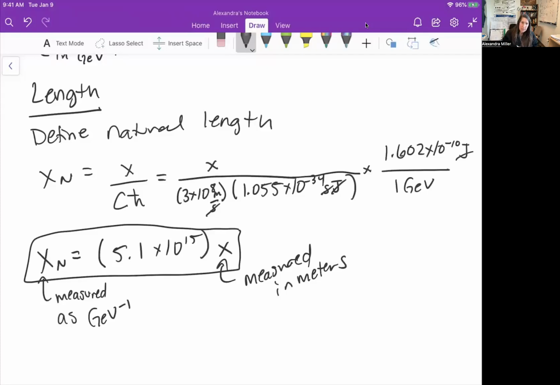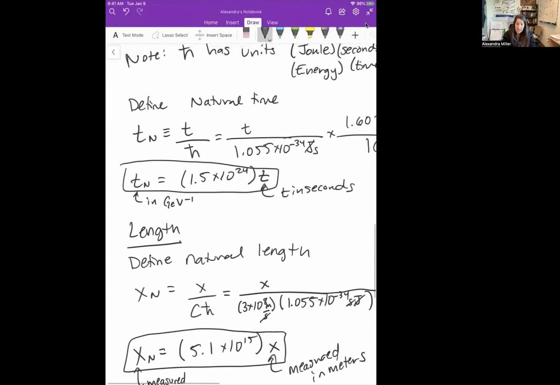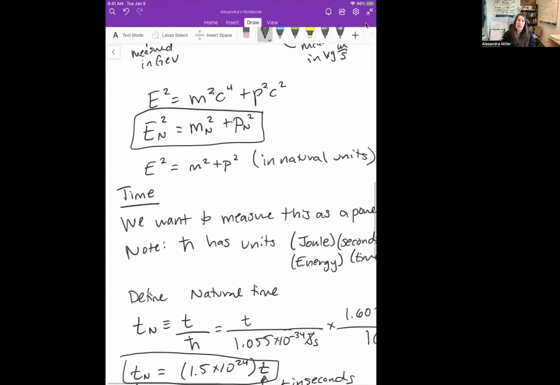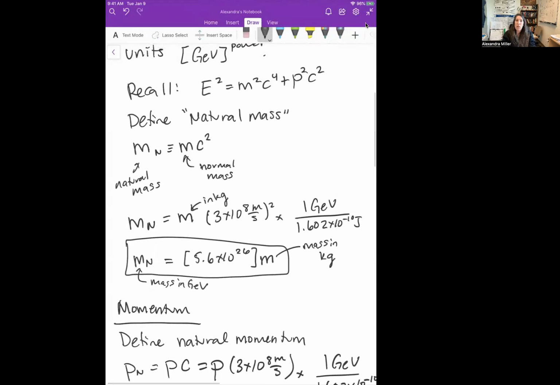Okay, so to summarize, this is a nice way of thinking about natural units. It's mathematically equivalent to any other way you might think about natural units. At the end of the day, we have these different boxed equations, which are relating time and position and momentum and mass. We're relating how one would measure them in SI units to how one would measure them in natural units.